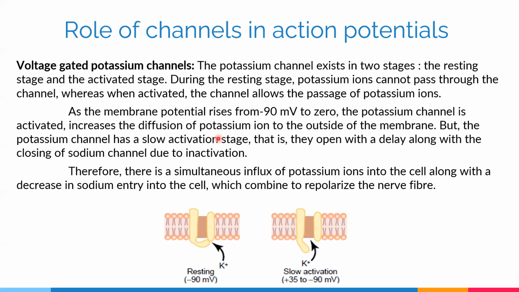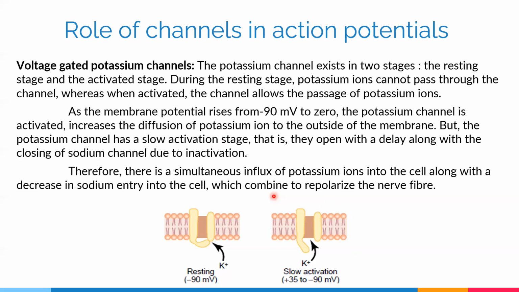But because of the delay, the potassium channels only open when the sodium channels are closing back due to inactivation. Thus, there is a simultaneous exit of potassium ions out of the cell along with decrease of sodium entry into the cell, which combine to repolarize the nerve fiber.